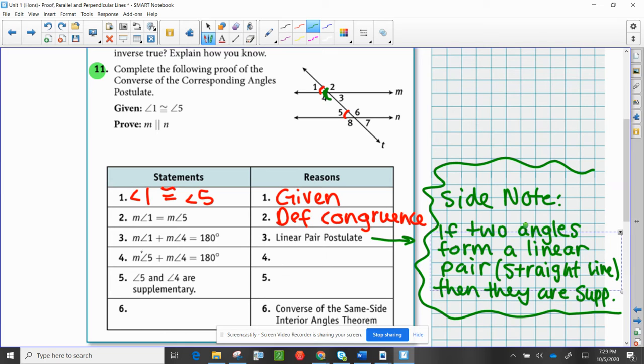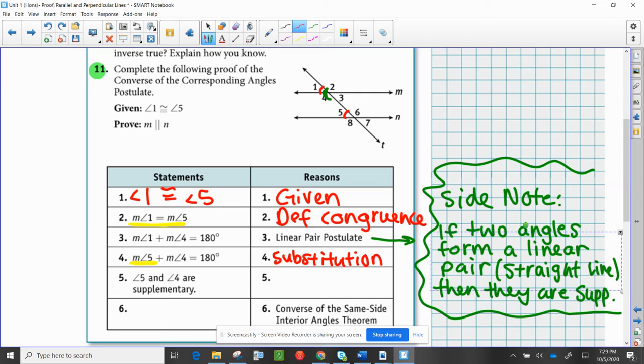So now if I take angle 5 and put that in, angle 5 plus angle 4 has to equal 180 degrees. And that's because they did a little substitution here. If angle 1 is equal to angle 5, then you can substitute in for angle 1, you could put angle 5 in its place. So here they're using a substitution.